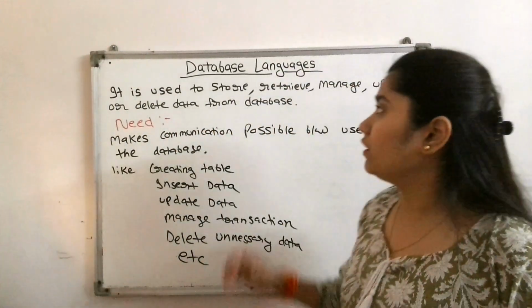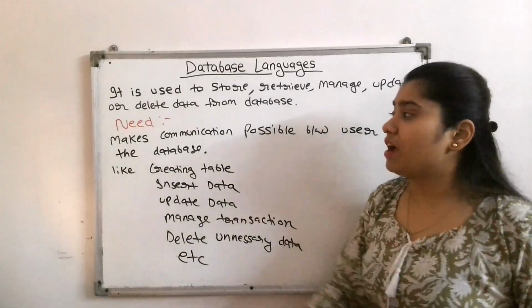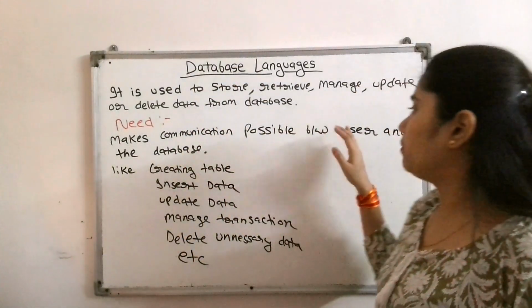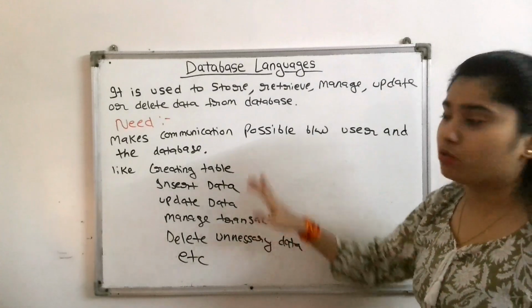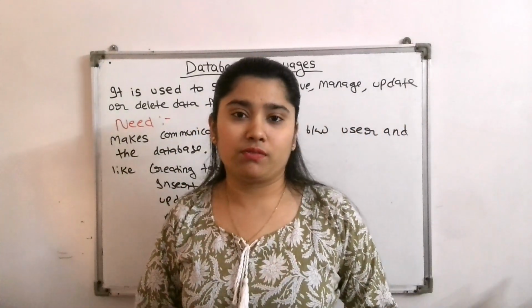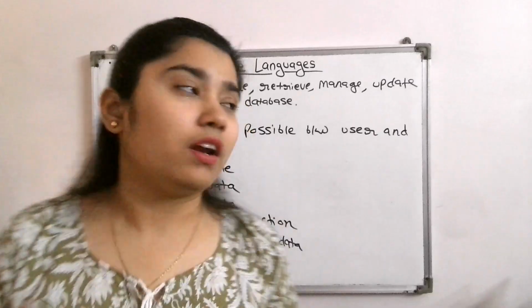I hope you are clear on what database languages are and why we need them, because they make communication possible between the user and the database. So whatever task we want to perform, we can perform using these languages. If you want to write it down or take a screenshot, take it.